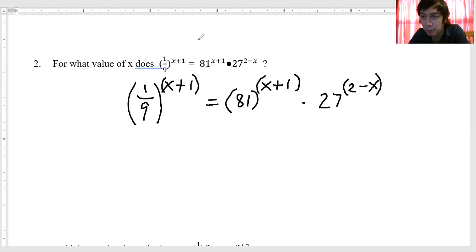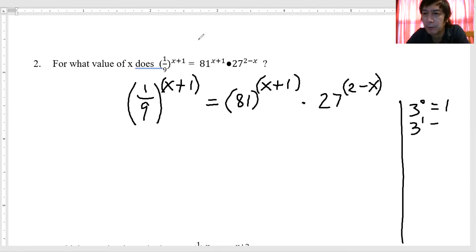Now, you should be able to figure out that these numbers can be expressed in powers of 3. So if you still remember, you have 3 to the 0, that is 1. 3 to the 1, that is 3. Powers of 3 now.